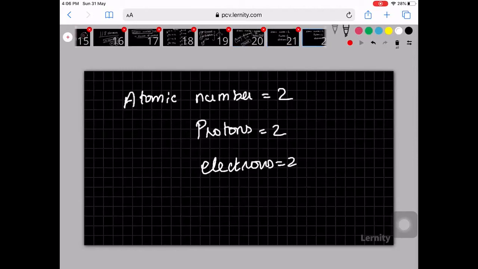Similarly, let me take the atomic number of another atom. If the atomic number is 2, it will have 2 protons and 2 electrons. Clear?